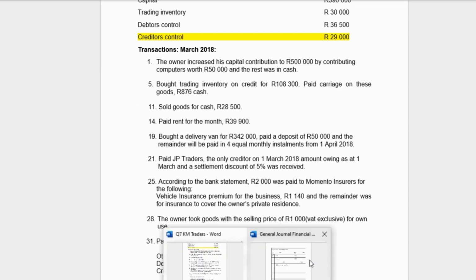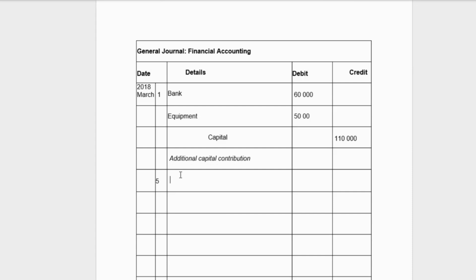So let's go to the general journal and record this transaction. First, we are going to debit trading inventory because it's an asset and it's increasing, and whenever an asset increases we debit. So trading inventory, and then we also are going to account for VAT.